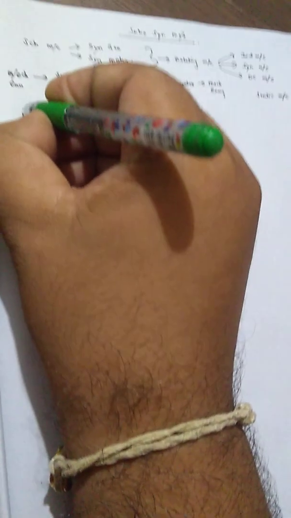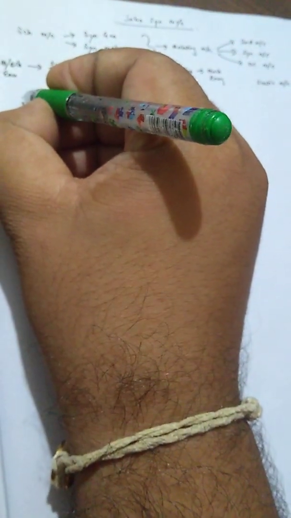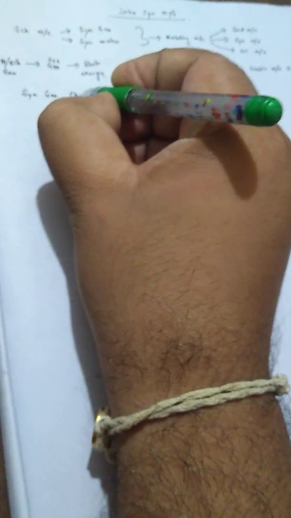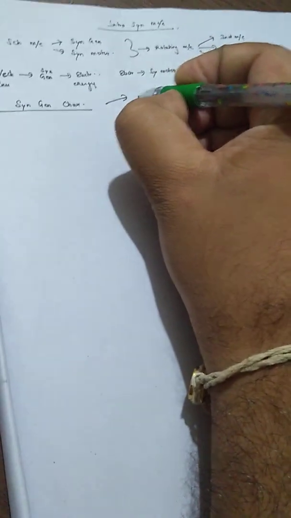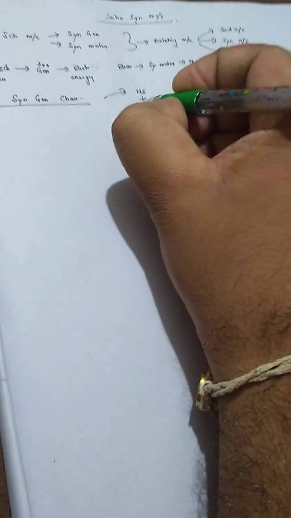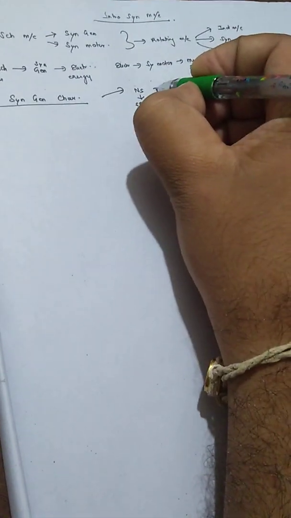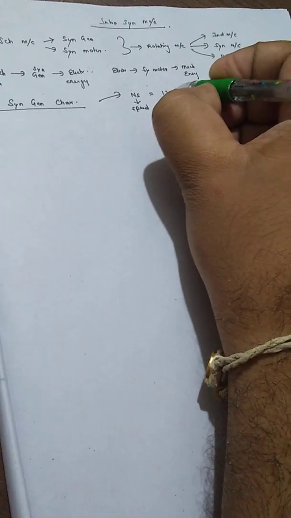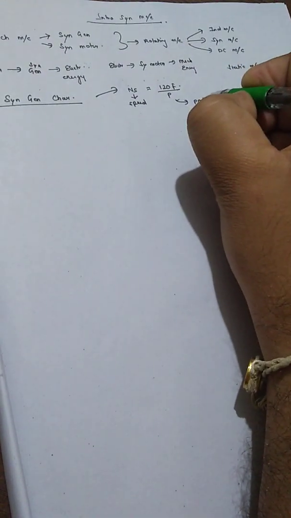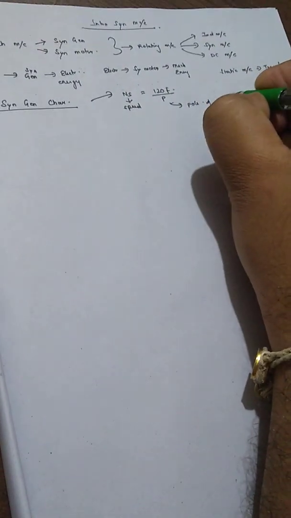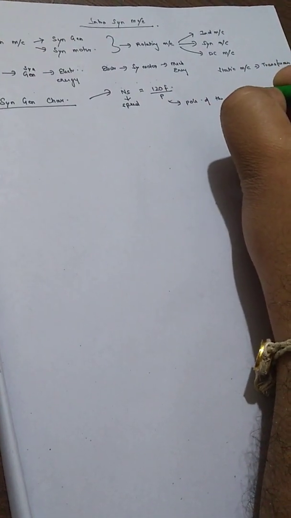Now we know what are the characteristics of a synchronous generator. Speed of synchronous generator, that is speed, Ns is equal to 120 f by P. P is the pole of the generator.